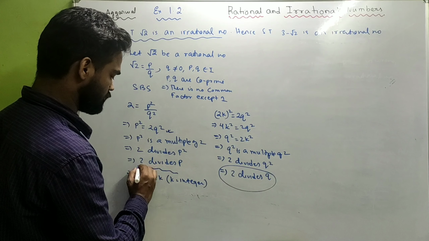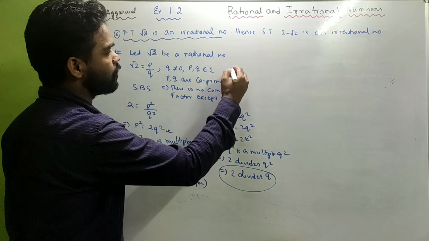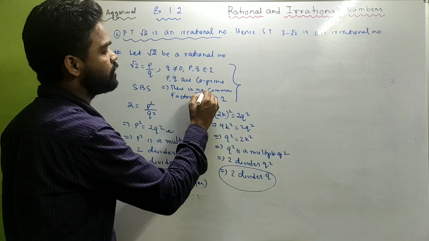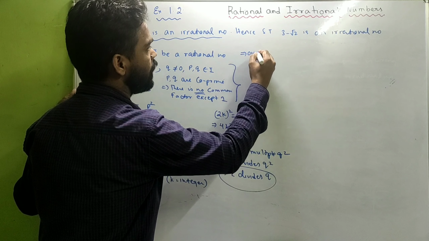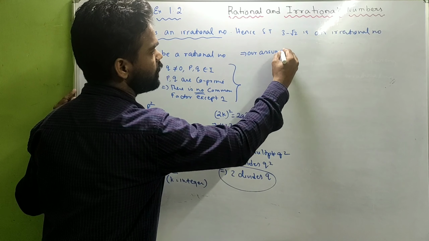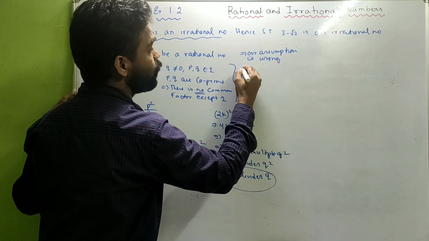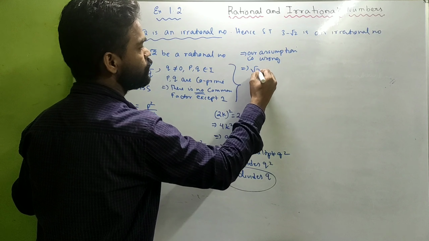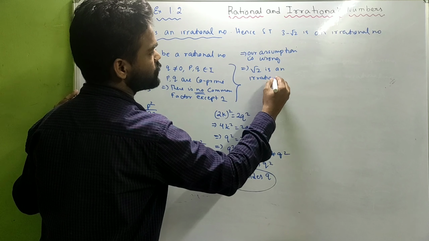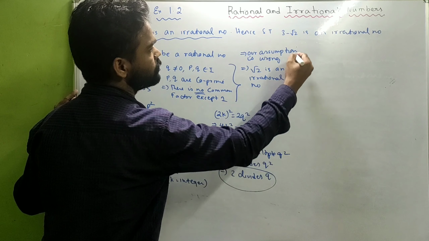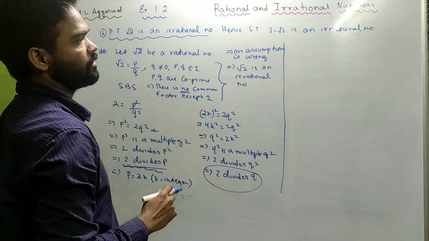So we are getting 2 as a common factor between p and q, but according to our assumption they don't have any common factor, which means our assumption is wrong, which means root 2 is an irrational number. Done.